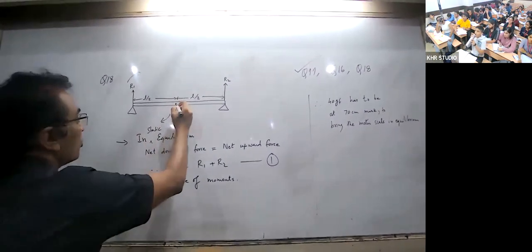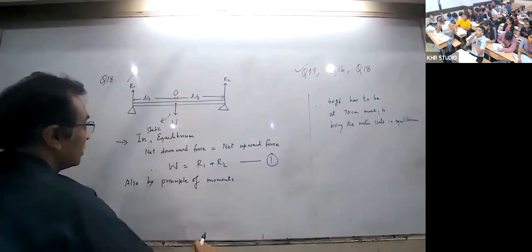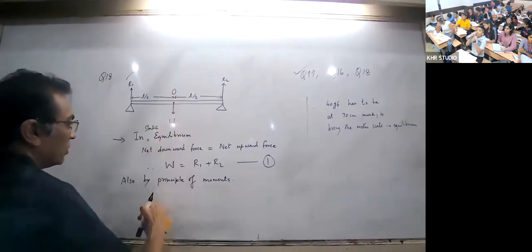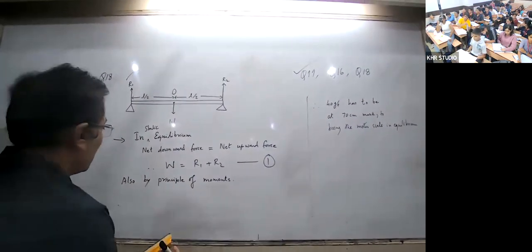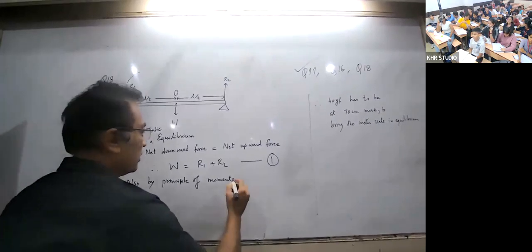If you choose O as the pivot, the midpoint, then W will not have any rotational effect at O.